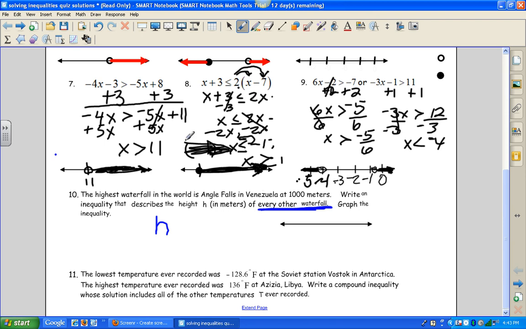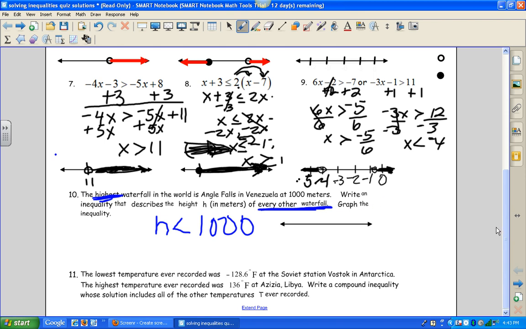So that means that it's the highest. If it's the highest, then all of the other ones are less. So h, which stands for every other waterfall, h is less than 1,000 meters.